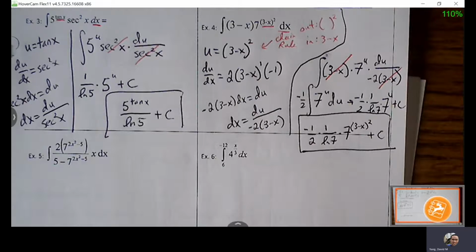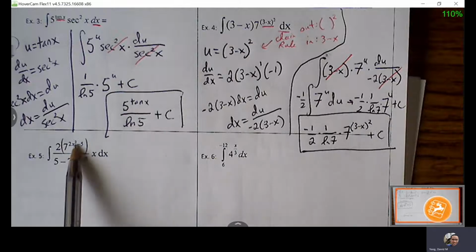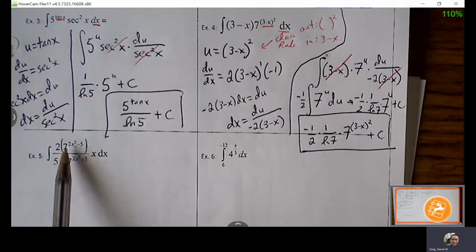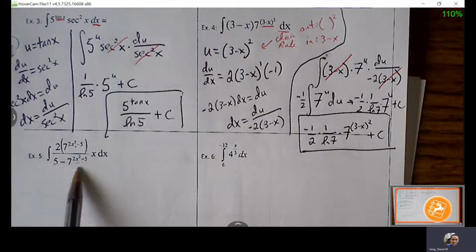So keeping that in mind, what could be a potential u value that will allow the derivative to take out the rest of the x's in the problem? 2x squared minus 5. So the problem with that is that 2x squared minus 5 will handle this x, but then you're left with 7 to the u over 5 minus 7 to the u. And we don't have a rule that can handle an a to the u over an a to the u. And yeah, entire denominator, right?